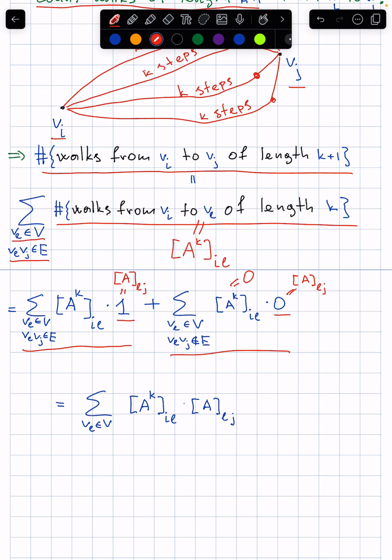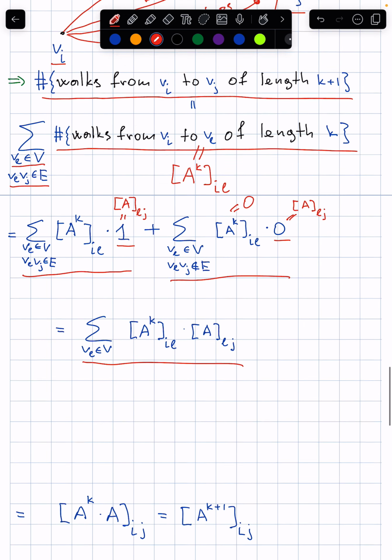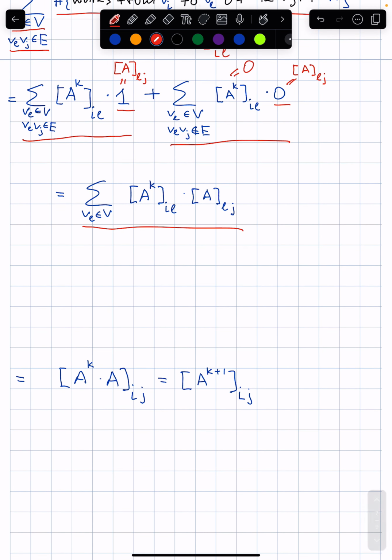Altogether, we can shortly rewrite it like this: we sum up over all vertices, and we multiply by the entries of the adjacency matrix. We don't need to specify whether our vertex vl is a neighbor of vj or not, because those that are neighbors are going to be counted, since there will be 1, and those that are not neighbors will just add zeros, so it's not going to change anything. That's a shorter way to write it.